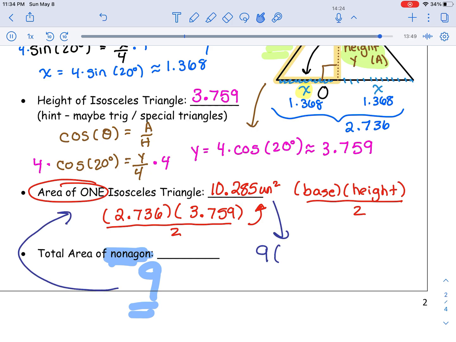So 9 times 10.285 units squared will give me approximately 92.562 units squared. And that is how I find the area of a regular polygon.